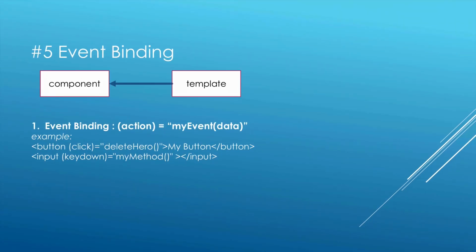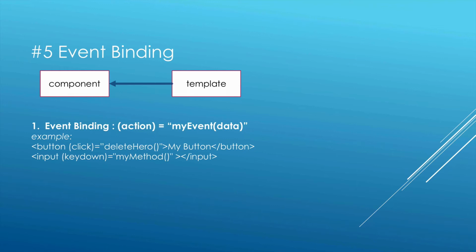Okay, number 5 is event binding. Event binding means when the user does a click or a keyboard action, the data from the template will pass into the component. It is also a one-way data binding. It's the opposite way of property binding. To capture an event from the view, you need to put the event in parentheses.